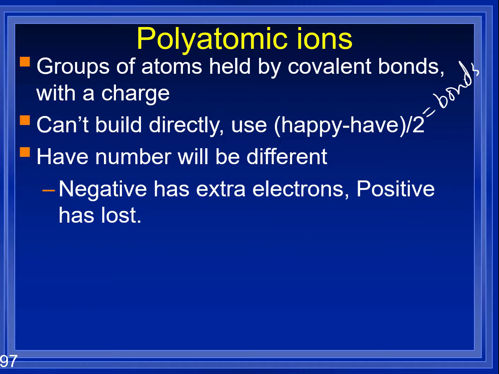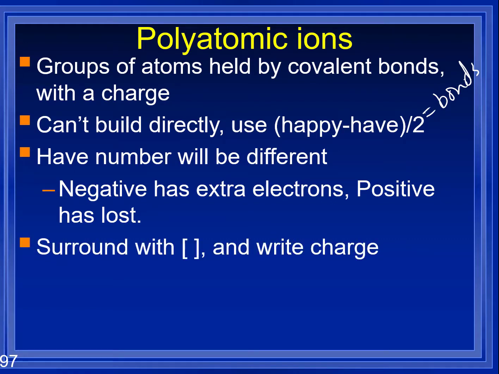Now, we're not going to be able to say specifically which atom gained or lost electrons. All we'll know is that there's extra or missing somewhere in this big piece. So to do that, we have to say the whole big piece has a charge. To do that, we put that whole big picture in brackets. Brackets are the square ones.